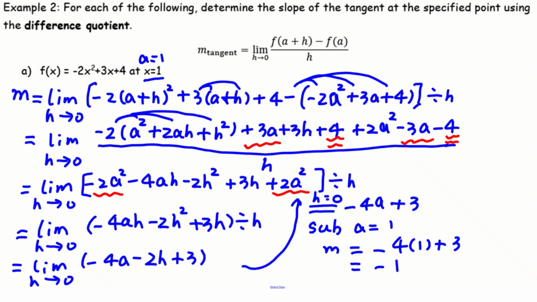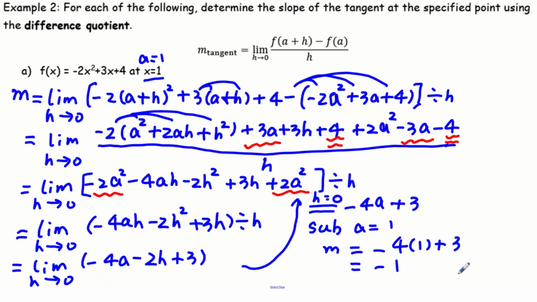Then it's done. You will see it doesn't matter what function is given, the procedures are the same. Step 1, use the limiting value formula for the slope of the tangent, then sub in a plus h into the function, then simplify by expanding, then divide by h each term.